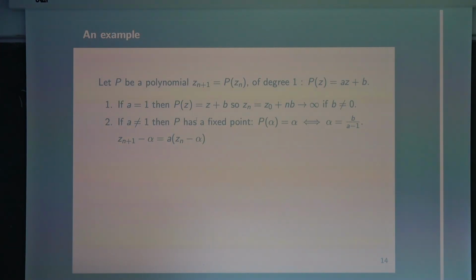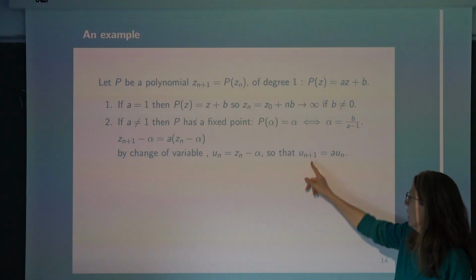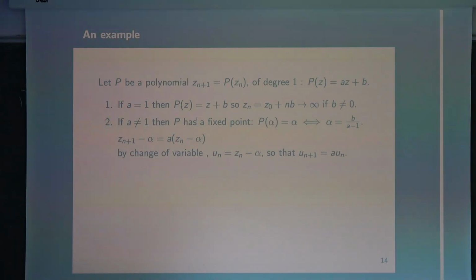This is classical, so I think you have done this several times. And then if you change the variable, if you put u_n equal to z_n minus alpha, then you get this u_n, which is a geometric sequence. And then you know probably that it will be a to the power n times u naught.